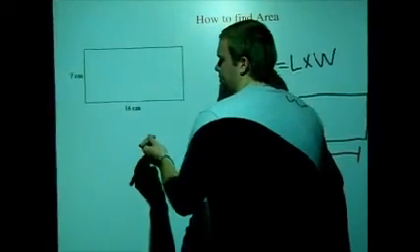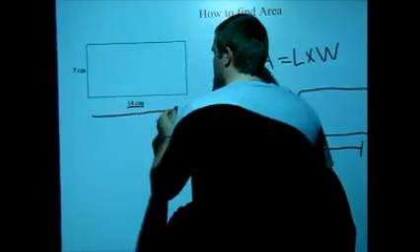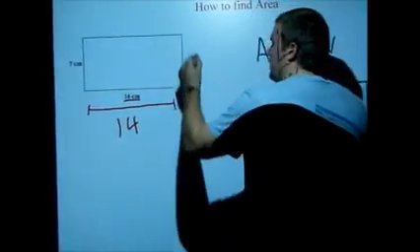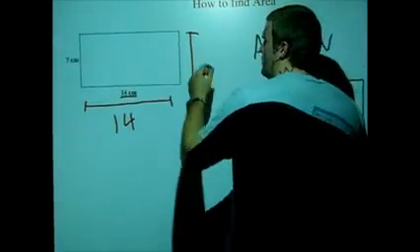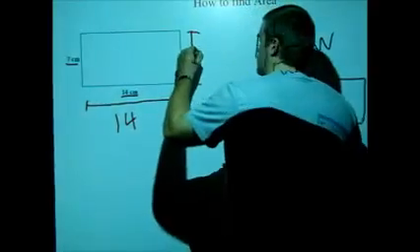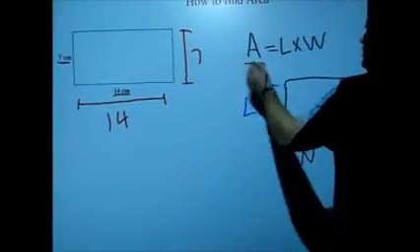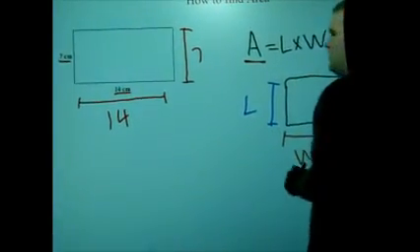So, for example, we have this rectangle, and the width of this rectangle is 14. So this is your width, which is equal to 14. And the length is equal to this, which is 7. So, in order to find the area of this rectangle, you plug these two numbers into this equation.